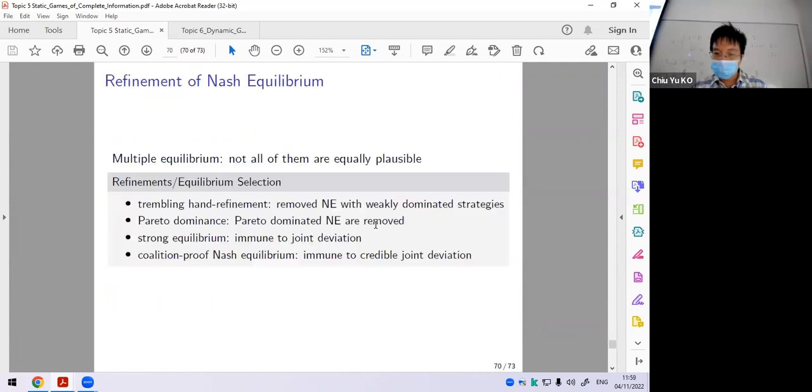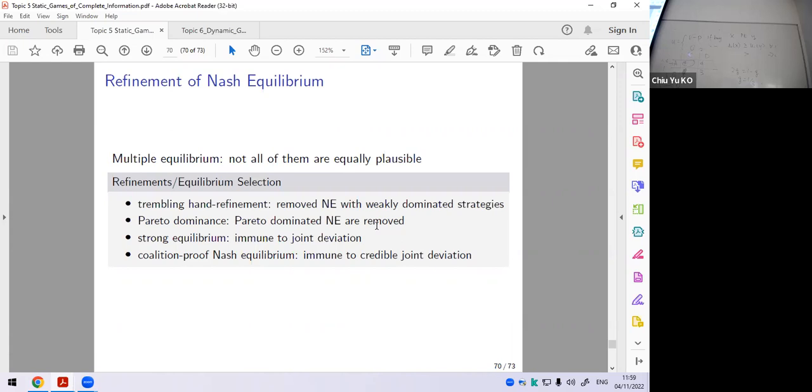The last two are much stronger versions than what we have, because Nash equilibrium only asks that no one wants to deviate by themselves. Then strong equilibrium by Aumann, 1959, I think, is talking about players jointly deviating.